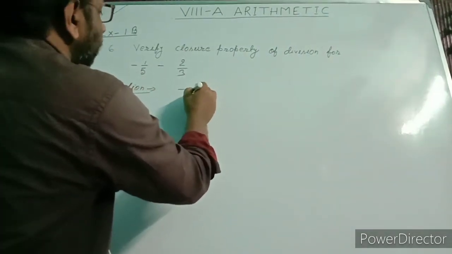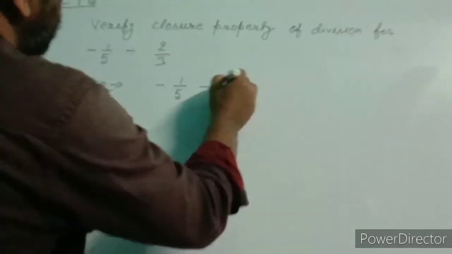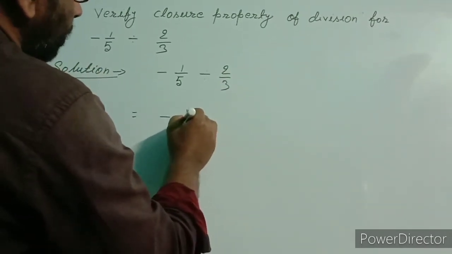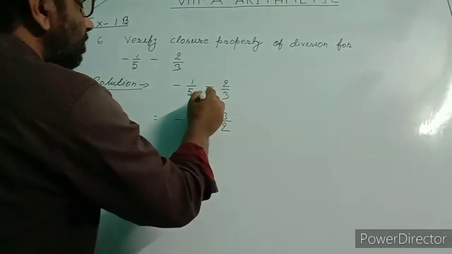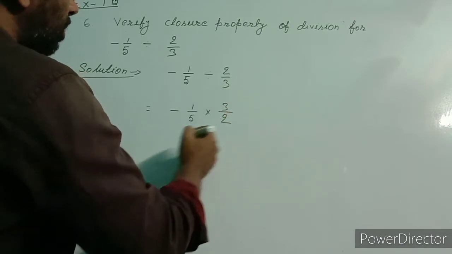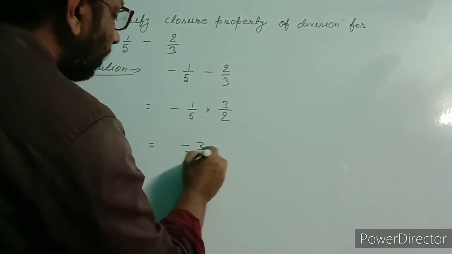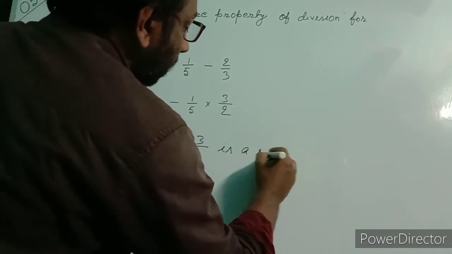Minus 1 by 5 divided by 2 by 3 is minus 1 by 5 into 3 by 2. As we change the symbol to multiplication, this fraction will be written in reciprocal form. It is equal to minus 3 by 10, a rational number.